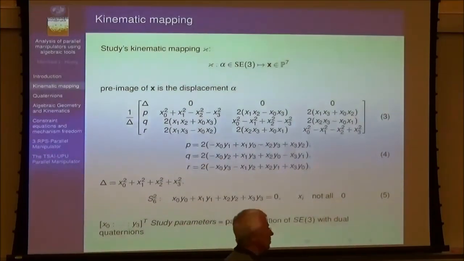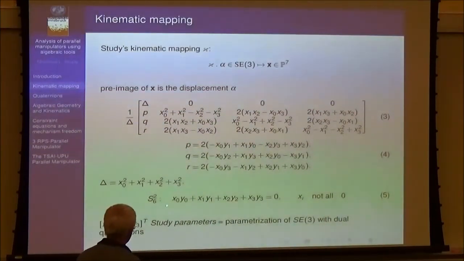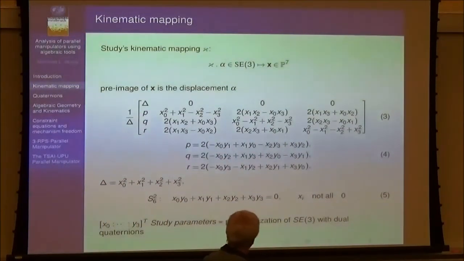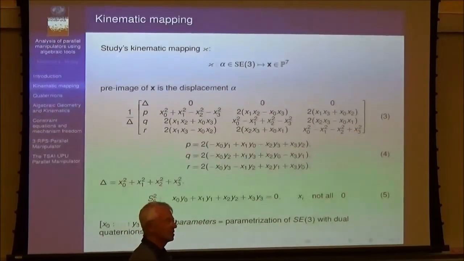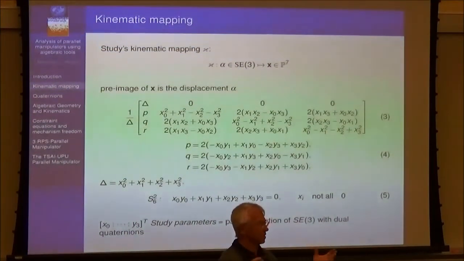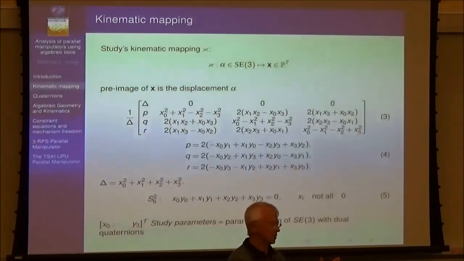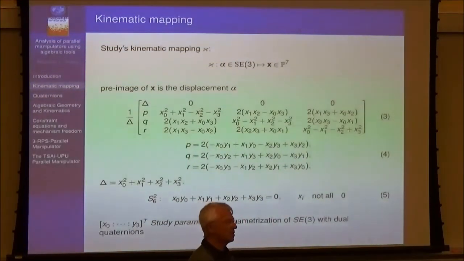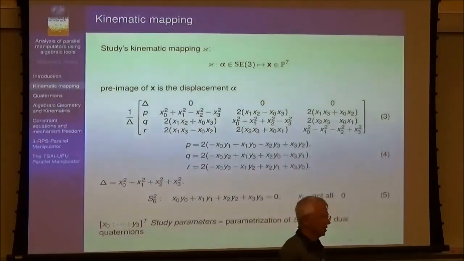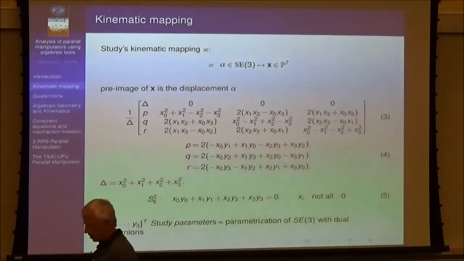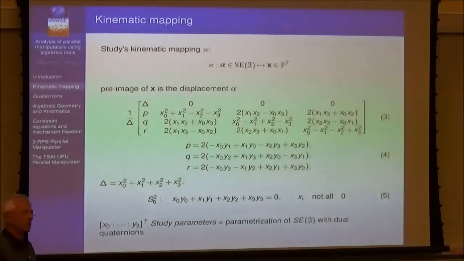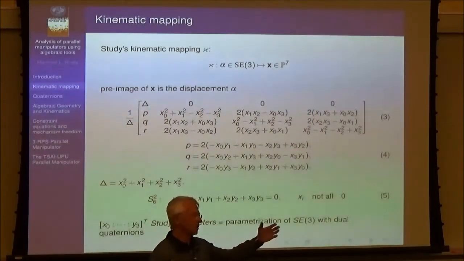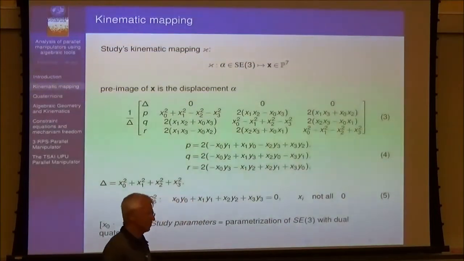Okay, because you have one more equation to obey. And this equation is this equation here. This is the so-called Study equation. And the Study equation represents a quadric in this 7-dimensional space. And this is a 6-dimensional object now. Now we are at the right dimension. This is what is very important. There has been a big discussion in the community after the last book of Ken Hunt, maybe you know Ken Hunt's book on kinematics, and he has written something about the points which are outside of this quadric.